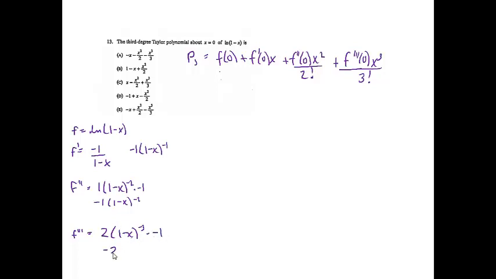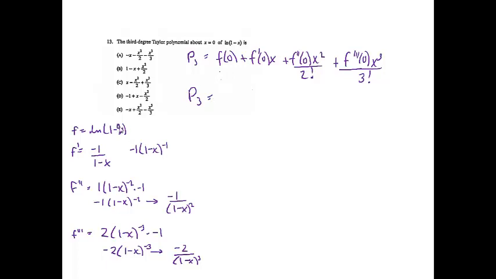So this will give me negative 2 times the quantity (1 minus x) to the negative 3. And then I did actually simplify these a little bit because I'm going to have to plug 0 into them. So this actually was negative 1 over (1 minus x) squared, and this would be negative 2 over (1 minus x) cubed. All right, so now I'm ready to go ahead and plug things into my polynomial.